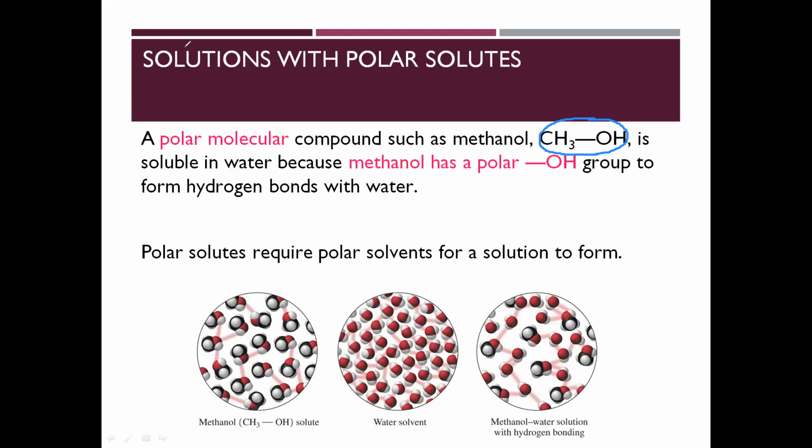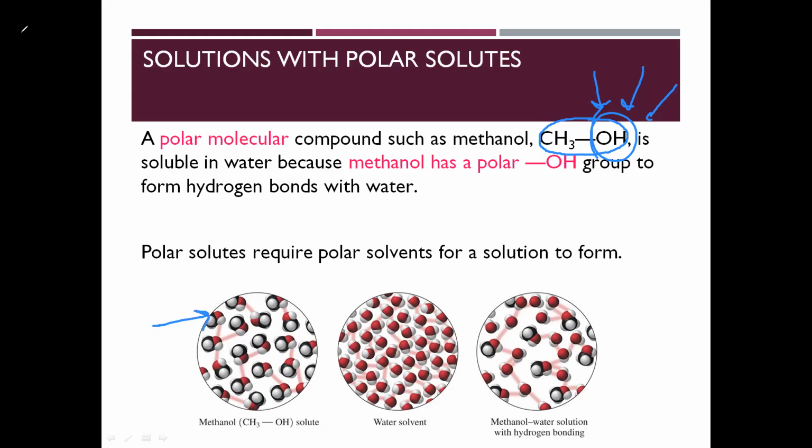Anyway, methanol is this polar molecular compound, and we have this polar OH group that forms hydrogen bonds with water. Because of this, polar solutes require polar solvents to form these solutions. That's what we can see down at the bottom.